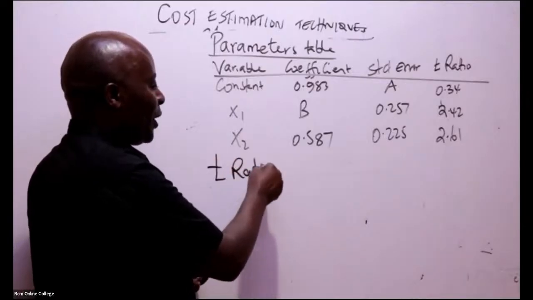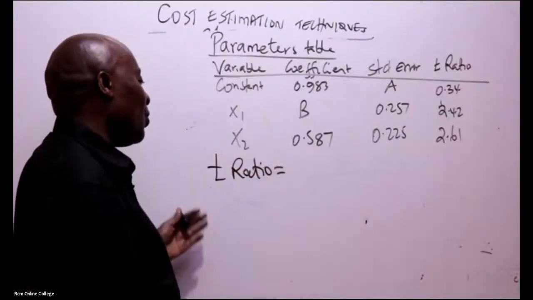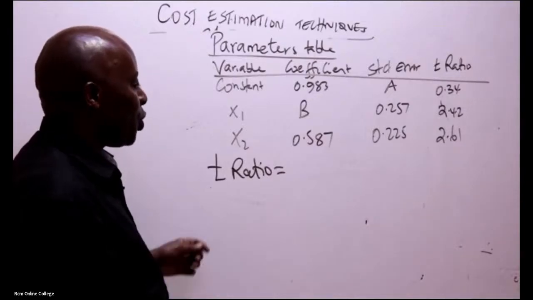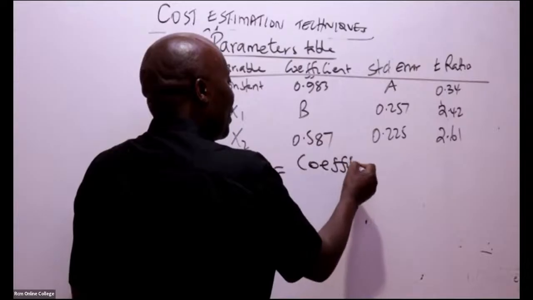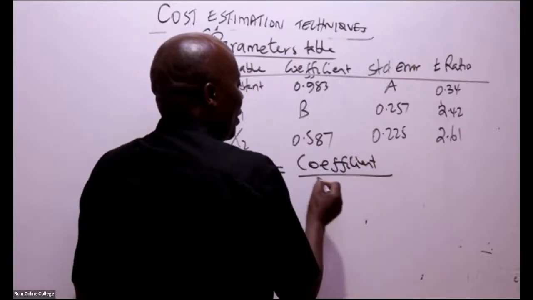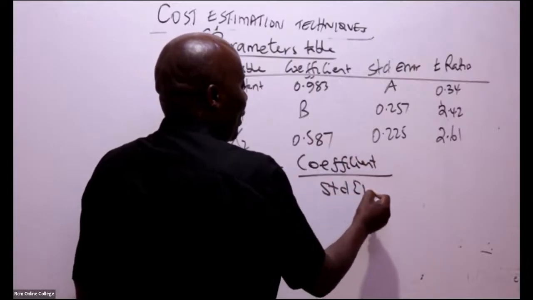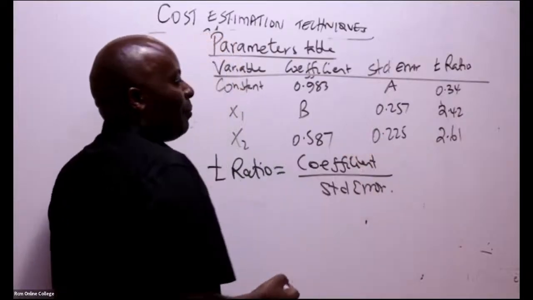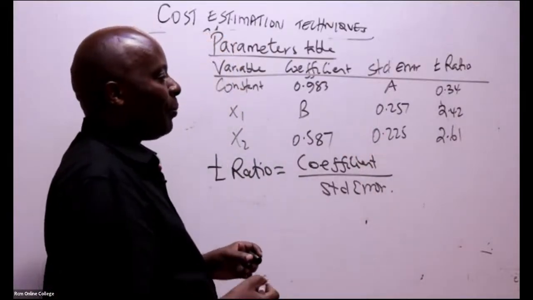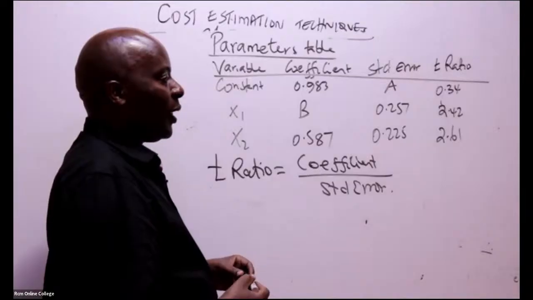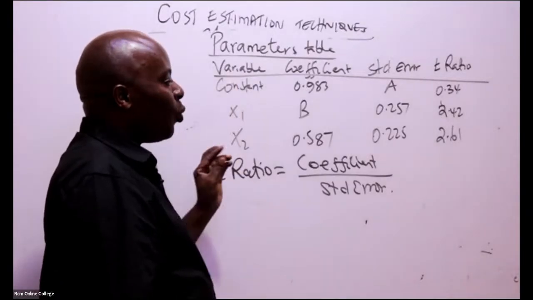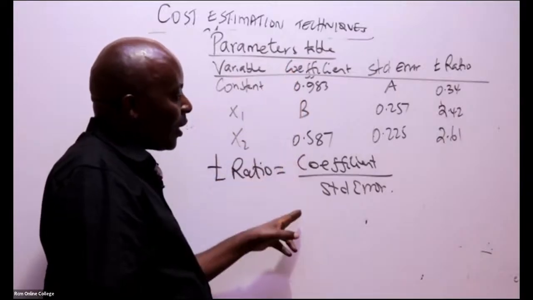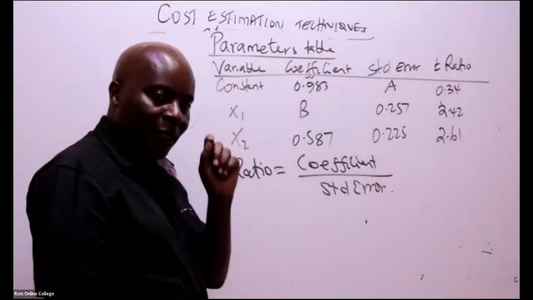To get the T ratio, we normally take the coefficient given all over the standard error. Very, very important for us to know this. Anytime they want us to get the T ratio of any of these variables, we shall take the coefficient given, and then you divide that by the standard error.